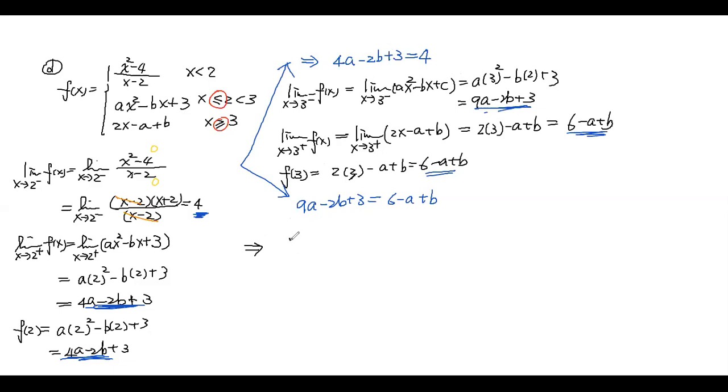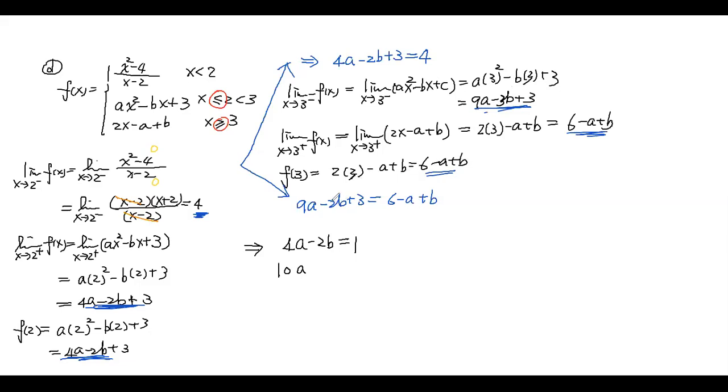So the first one, we simplify the 4a minus 2b and move the 3 over, so this will be 1. And this one we can simplify a little bit, move the a over, we have 10a, move the b over. Oh, I'm sorry, here this is 3b, careless mistake, right?